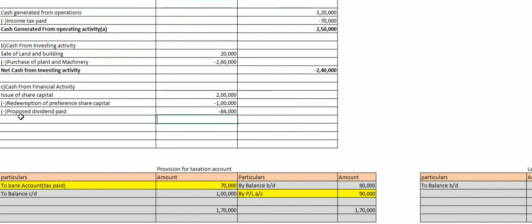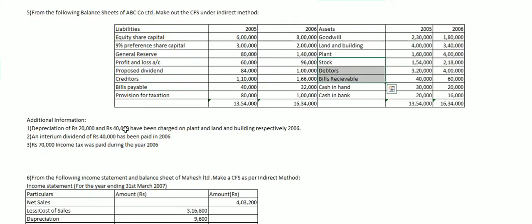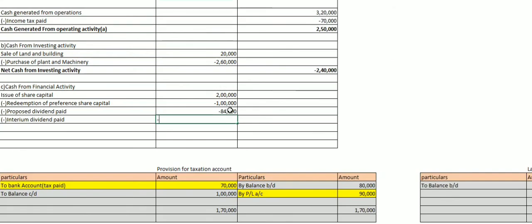You have your interim dividend paid, so minus your interim dividend paid, which they have given us as an adjustment. How much is the interim dividend paid? 40,000, so minus 40,000. If you sum it all up, that is all a part of your financing activity, and you get your amount to be minus 24,000.